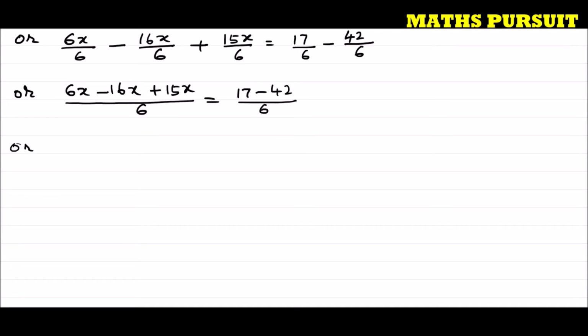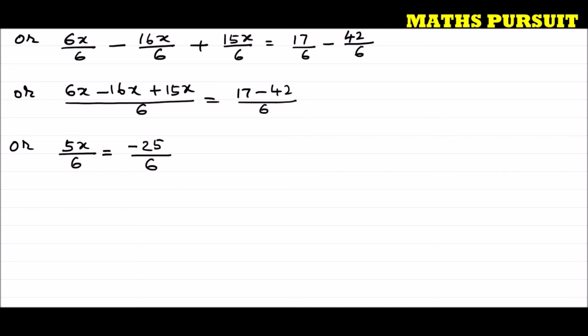Or I can write 5x divided by 6 is equal to 17 minus 42 is minus 25, minus 25 upon 6. We got 17 minus 42 as minus 25, so minus 25 upon 6.